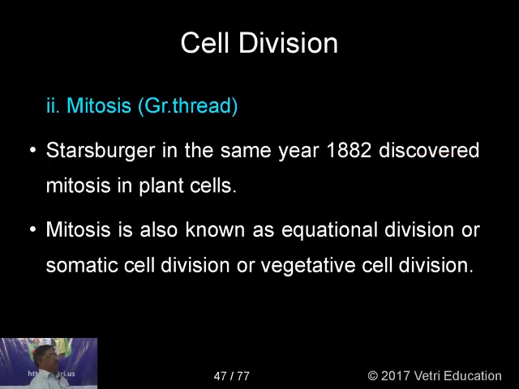Strasburger, in the same year 1882, discovered mitosis in plant cells. Mitosis is also known as equational division, somatic cell division or vegetative cell division, because it occurs in vegetative cells.